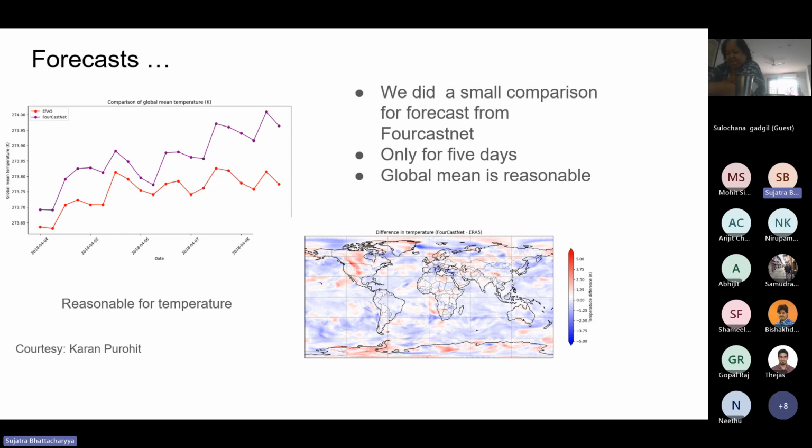This is 273.9 and this is 273, so about 0.5 degree difference, which in a global sense is okay. But if you're looking locally, there are large errors. In the global sense, it looks good.